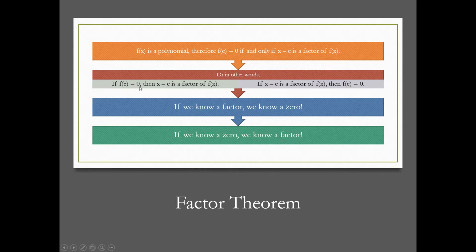If f of c equals 0, then x minus c is a factor. If x minus c is a factor, then the reverse is true: f of c should equal 0. So basically, if we know a factor, we know that we will not have a remainder. It'll be 0. And then the reverse is if we get 0, we know we have a factor. I'm just trying to give you some background information.